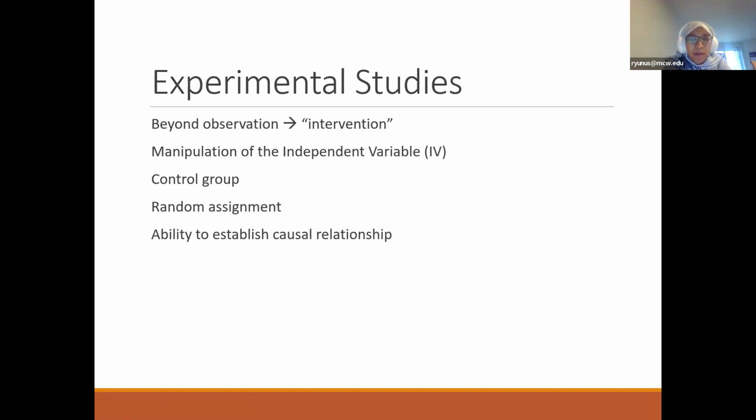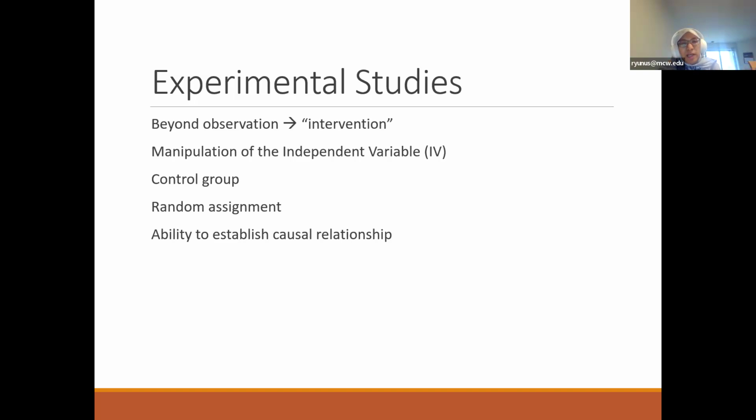Okay, now the final part, experimental study. So as we discussed earlier, the fundamental difference between experimental design and observational design is that, from the very name itself, right? Some people call it experimental, some people call it intervention study.